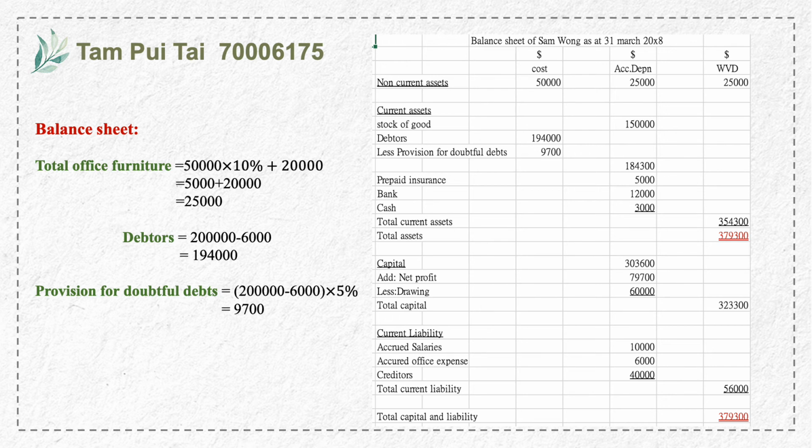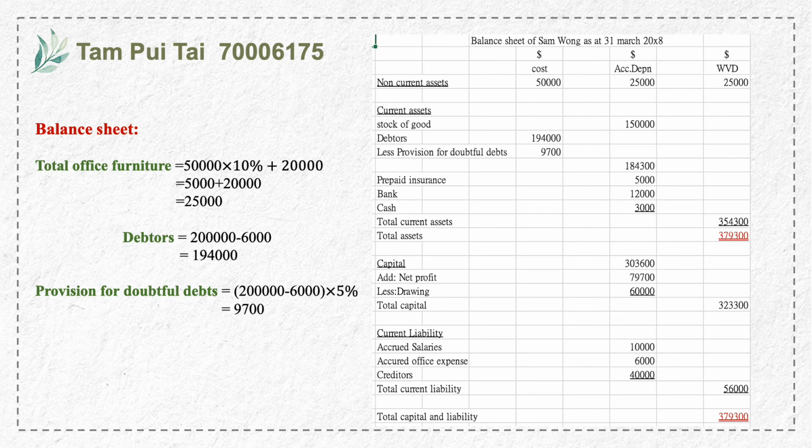And then provision for doubtful debt is calculated the same way, but we need to times 5% here, because in additional information number 5, we can know that the provision for bad and doubtful debt is to be maintained at a level of 5%.